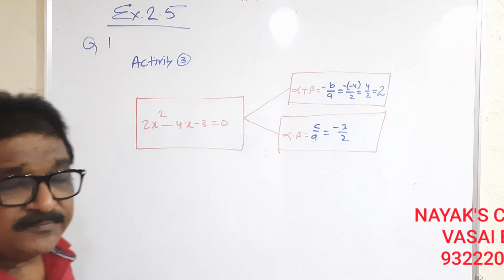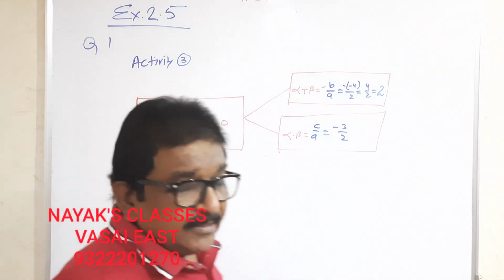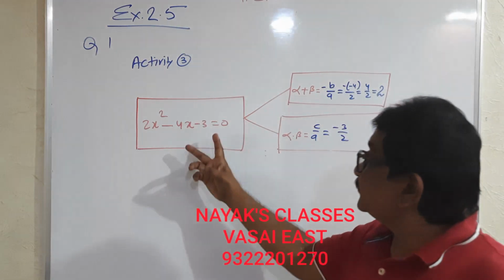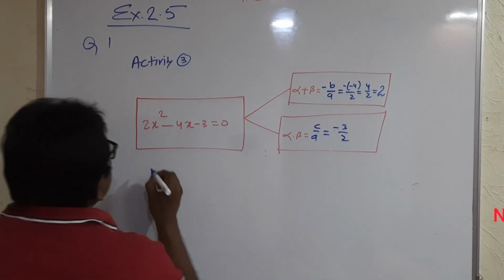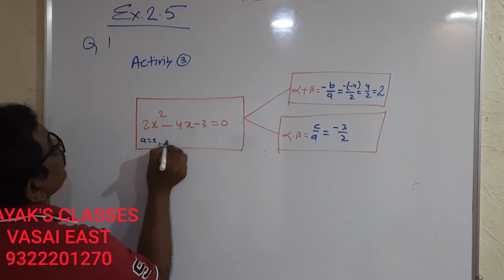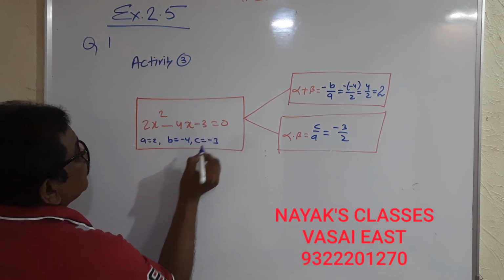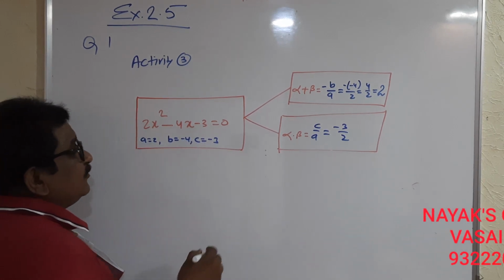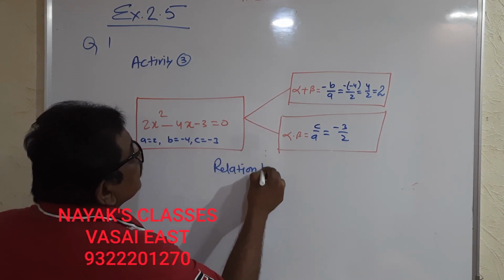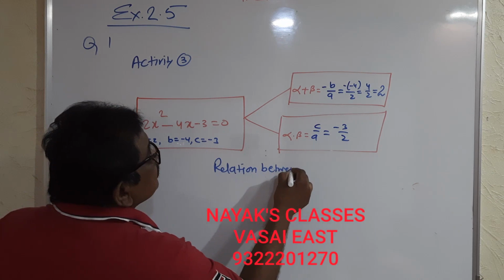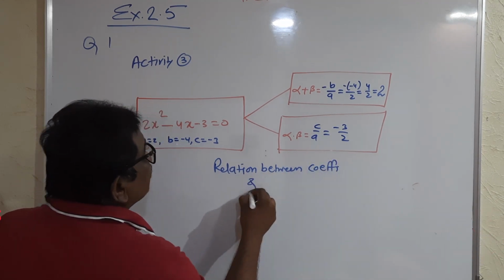These are the values by using the relation between roots and the coefficients. A is 2, b is minus 4 and c is minus 3, using the relation between coefficients and roots.